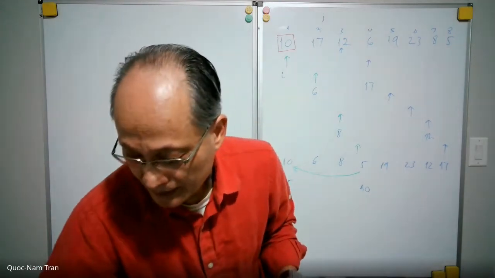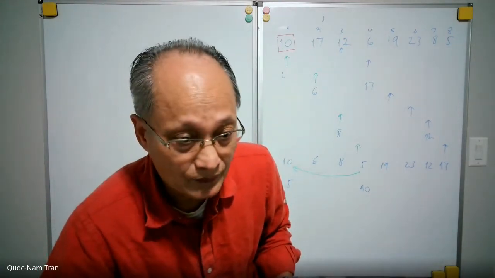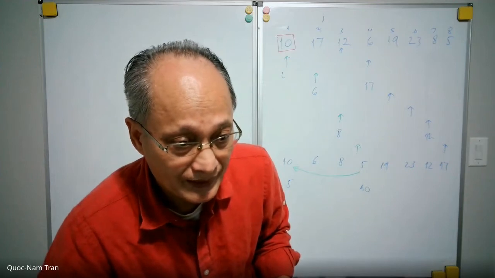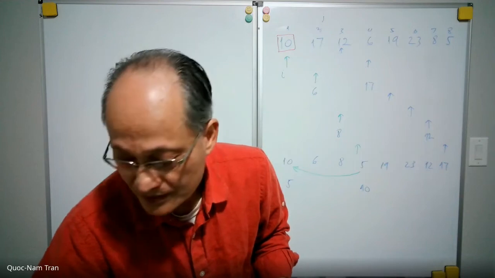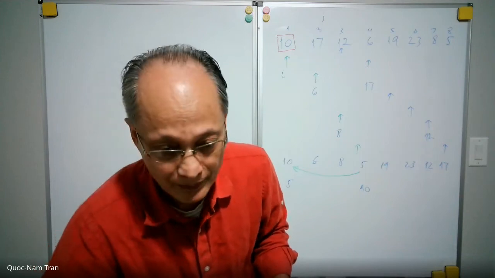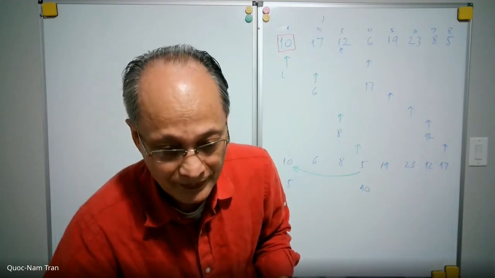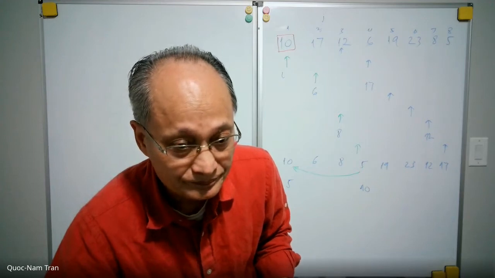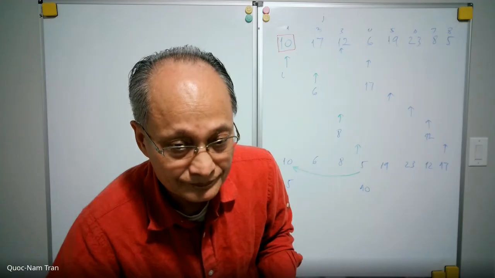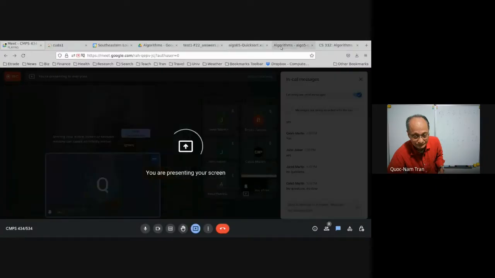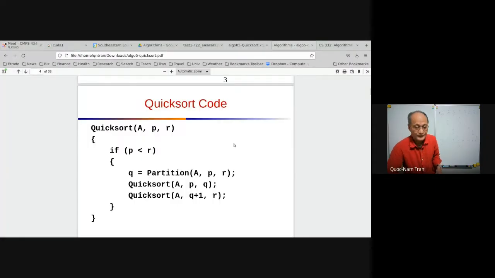Now, let me show you the algorithm again, and then we will talk about the differences between quick sort and merge sort. Okay, so here is the quick sort, right?